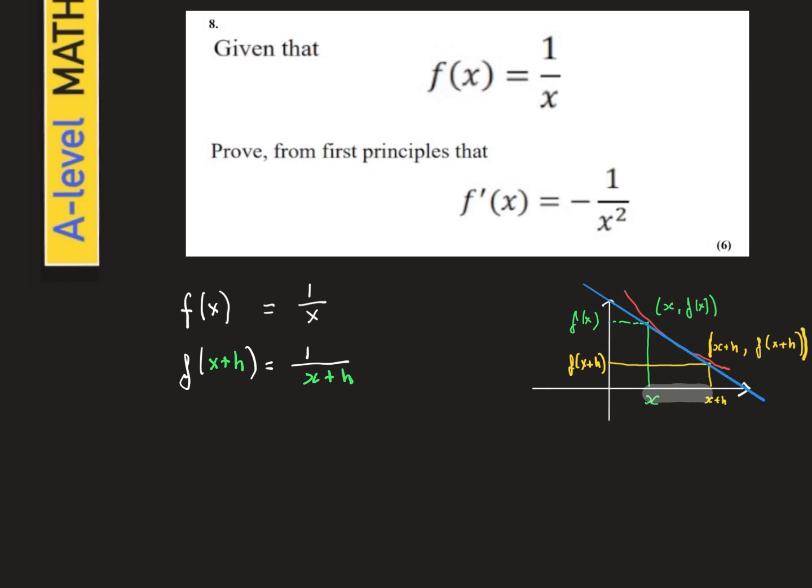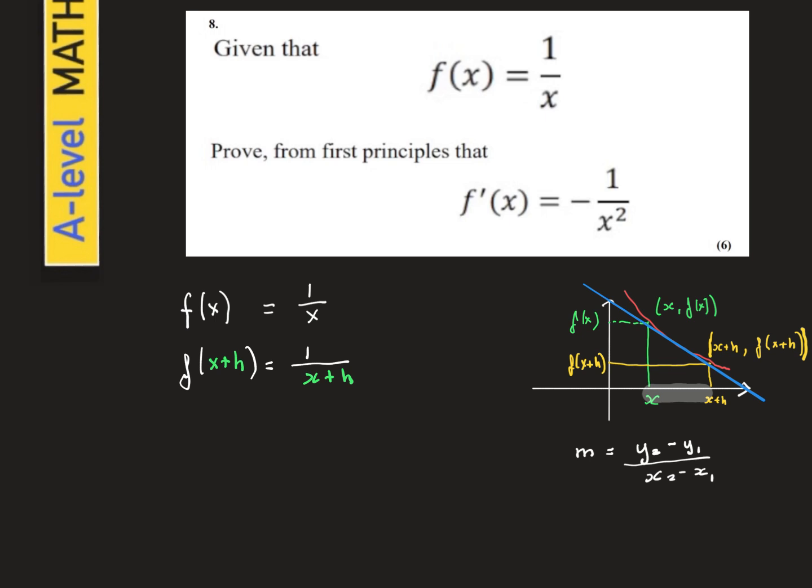So the gradient of those 2 points will be shown here in blue, and our next step is to show that gradient. As you know, in simple terms, the gradient is just the difference between the y values over the difference between the x values.